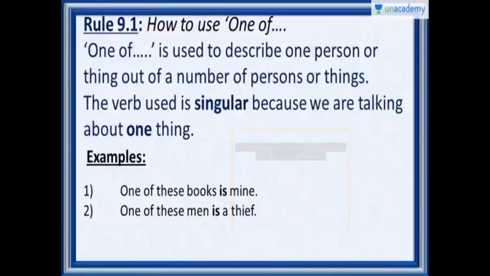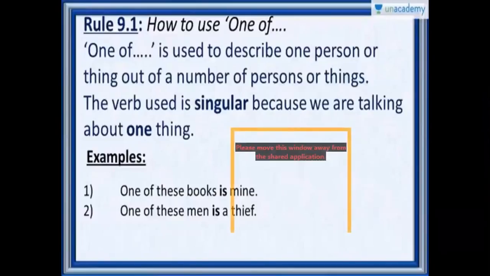We have to tell it as a rule because when you write a sentence, one of these books, looking at books, you'll write are, which is wrong. You have to focus on the first one. One of these books. We are not talking about books, we are talking about one of those books. So is. That's why this rule is specially given, even though you know it. So one of, singular verb.